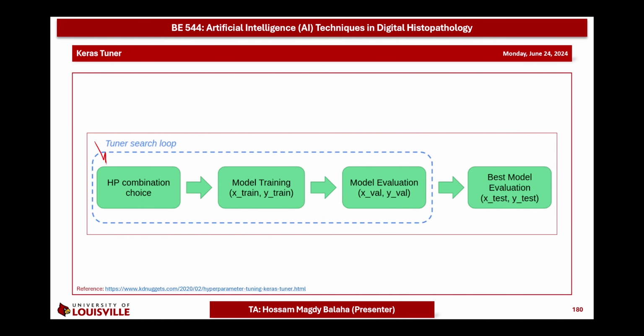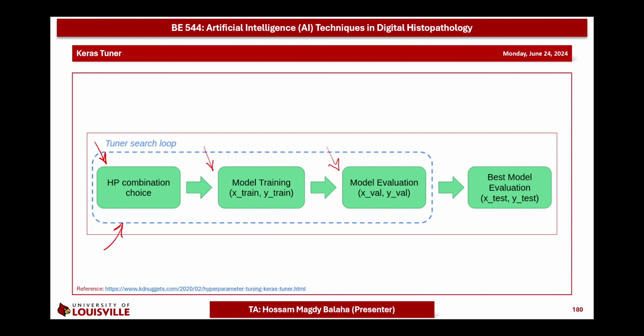First, it selects a combination from the hyperparameter space. For example, it can pick a batch size of 4, a dropout ratio of 40%, and application of data augmentation, and then starts to train the model based on X-train and Y-train. And after training and fitting, the model is evaluated on the validation subset.